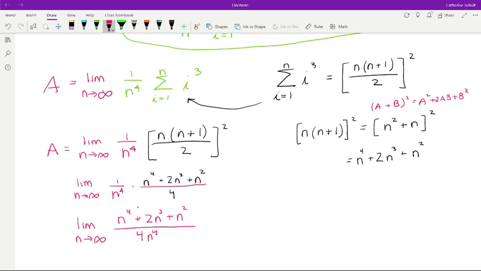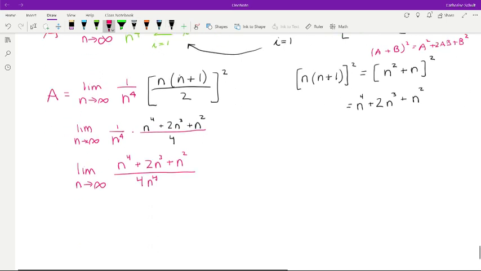Do you remember how we evaluate limits at infinity, what our strategy is? We divide out by the highest power in the denominator. Isn't that nice? Now we've built up all of these skills and we can use them.